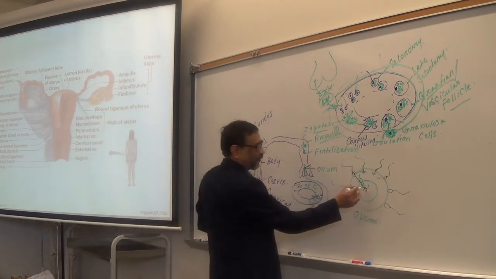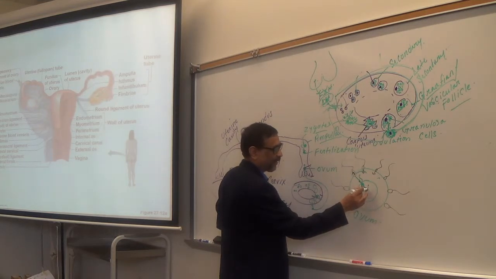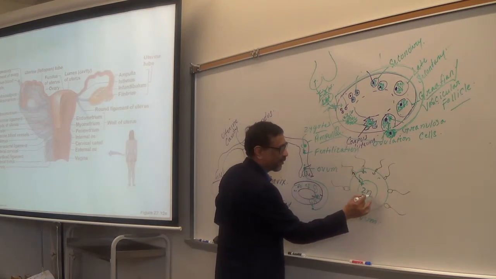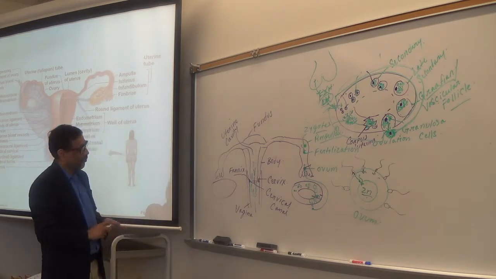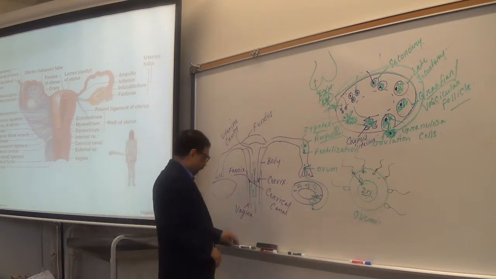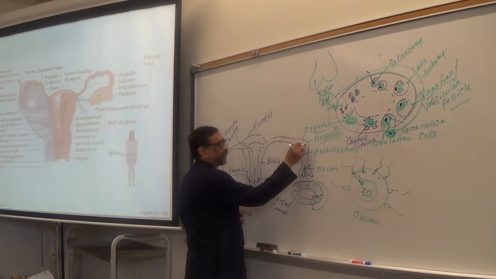So, now you have one sperm that brings half, n number of chromosomes, and the ovum has n. So this is the fertilized egg, which has 2n chromosomes. Okay, that's the fertilized egg, the zygote. Then it will continue to move towards the house. First, what will happen?